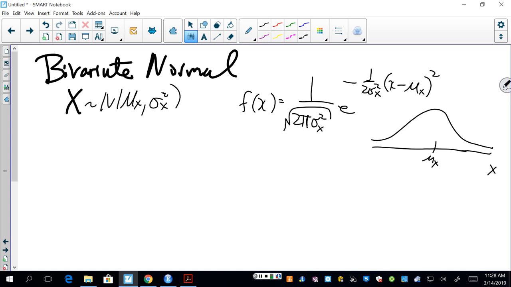It goes off to positive and negative infinity, but there's very little probability after 3 or 4 standard deviations above or 3 or 4 below. About 95% of it is within plus or minus about 2. And so the average is that, the variance is the sigma squared, and we use the normal probability to get the y variable. Let's say that's normal.